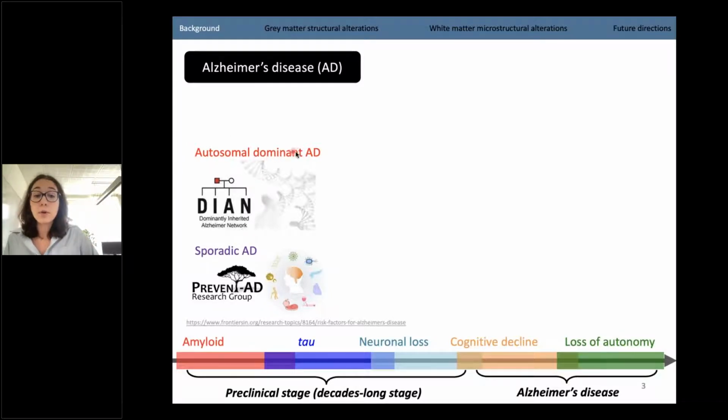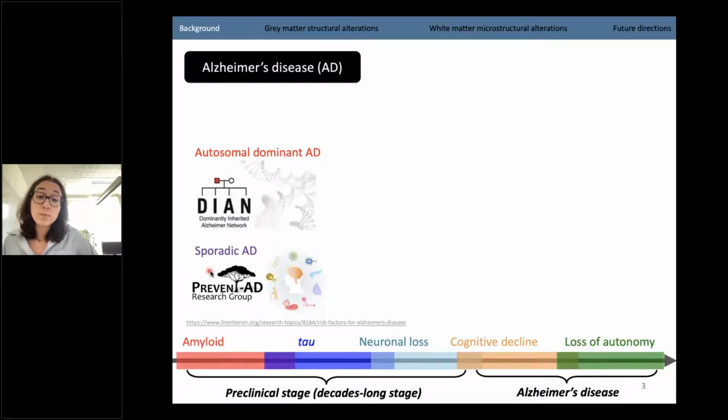It's called Autosomal Dominant AD or familial AD. And thinking again of this preclinical stage of the disease, this familial form of Alzheimer's disease is very interesting because we know the mutation carriers will accumulate amyloid and eventually develop dementia, often already in midlife.